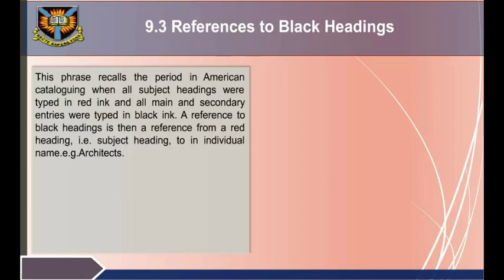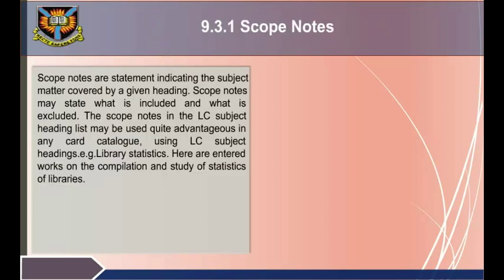This phrase recalls a period in American cataloging when all subject headings were typed in red ink and all main and secondary entries were typed in black ink. A reference to black headings is then a reference from a red heading, that is, a subject heading, to an individual name. For example, architects.